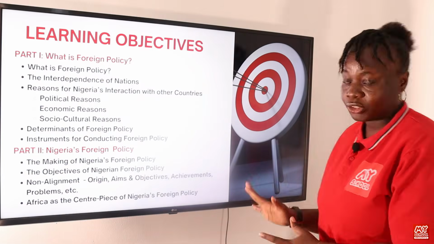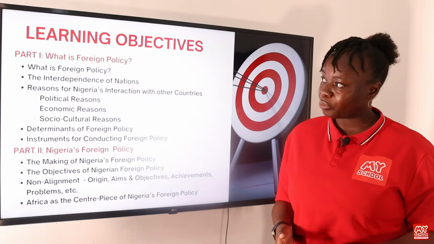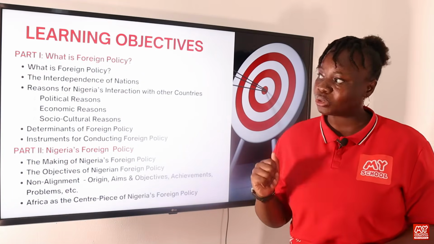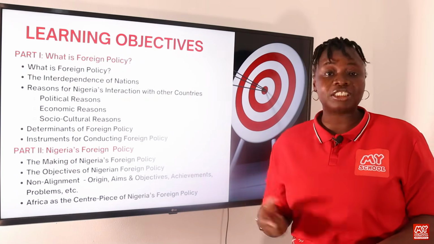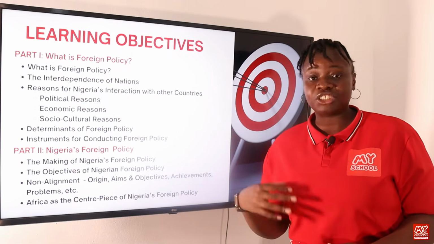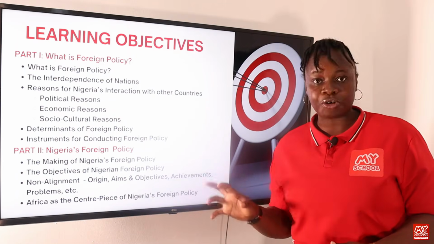All right, so here is a list of the things that we're going to discuss in the 4 video lessons for this particular topic. We're going to begin with what foreign policy is all about and relate it to Nigeria. We're going to discuss the interdependence of nations, the reasons for Nigeria's interaction with other countries of the world, what are the determinants and the instruments for conducting foreign policy. Then we're going to move on to Nigeria's foreign policy.